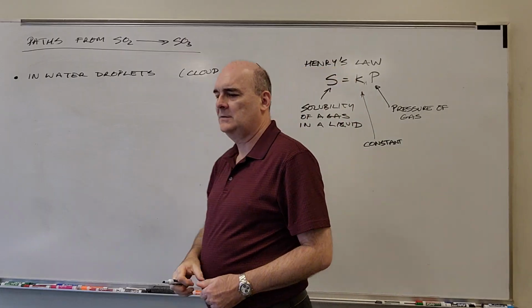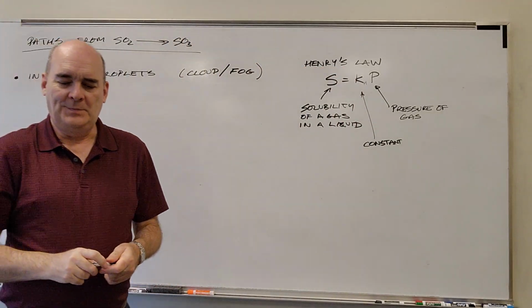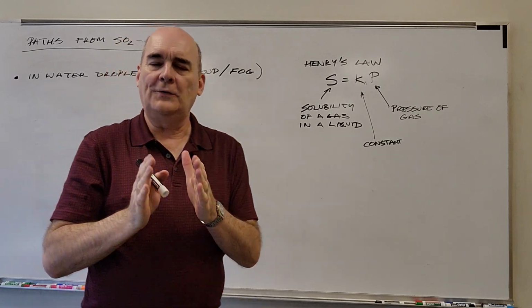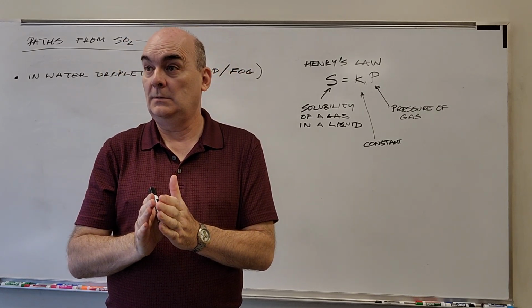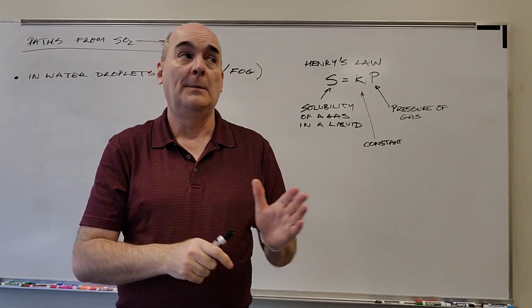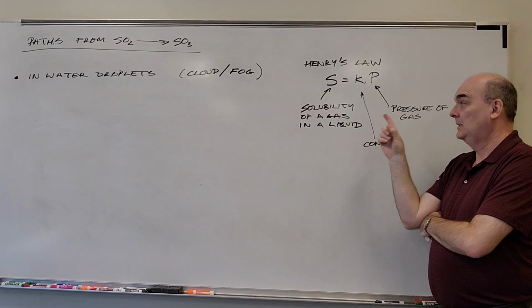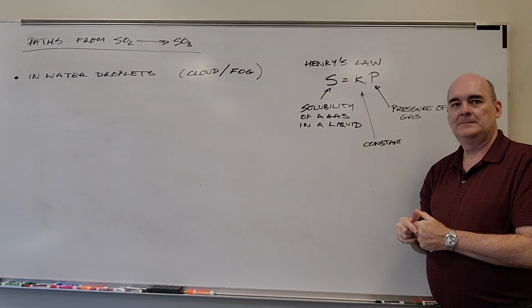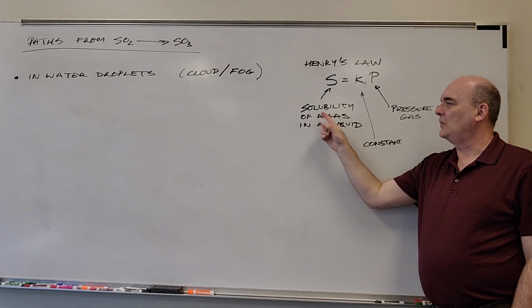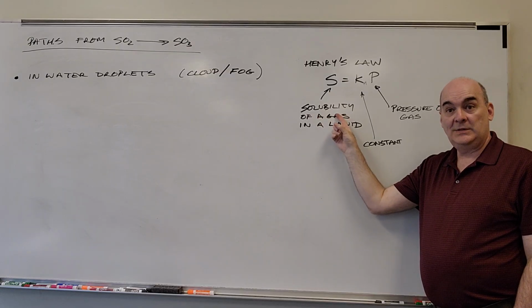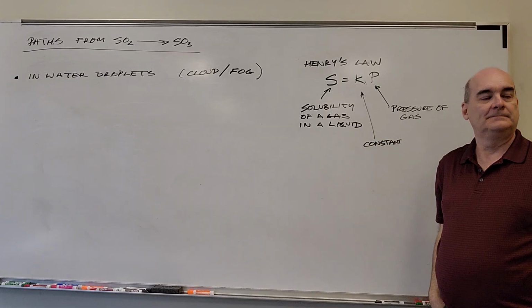And Henry's law has its uses, but all of those uses are very, very narrow. They're very specific, because this is a very vague statement, and that constant describes the solubility of a named gas in a named liquid.